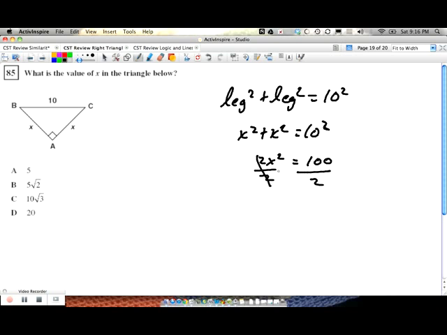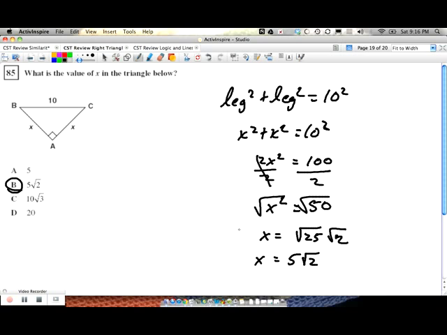And if I divide both sides by 2, trying to get this x squared by itself, that would give me 50. When I square root both sides, I'll have x equals the square root of 50, which is the square root of 25 times 2. So the 25 simplifies. It'll be 5 times square root of 2. X equals 5 root 2. The answer would have been B. That was not hard at all.